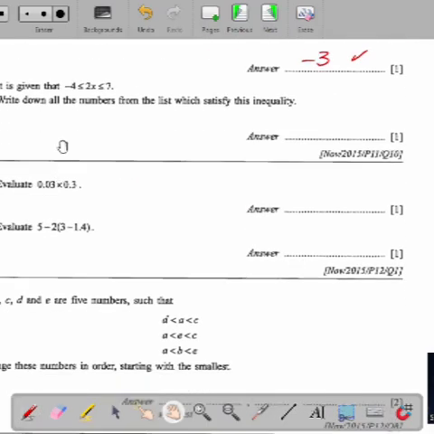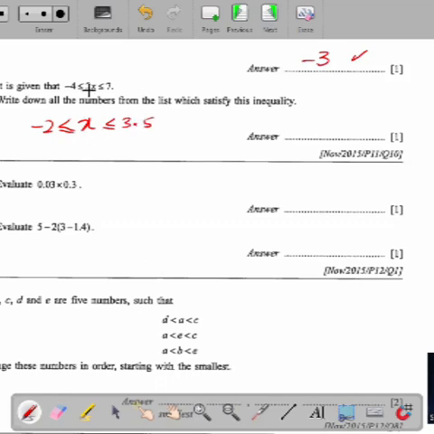It is given that 2x is less than or equal to 7 and greater than or equal to -4. Write down all the numbers from the list which satisfy this inequality over there. It means I will have to divide by 2 on both sides. Then I'm writing here x is greater than or equal to -2 and less than or equal to 3.5.